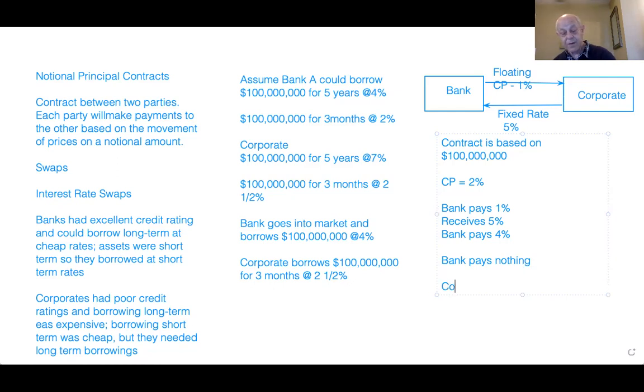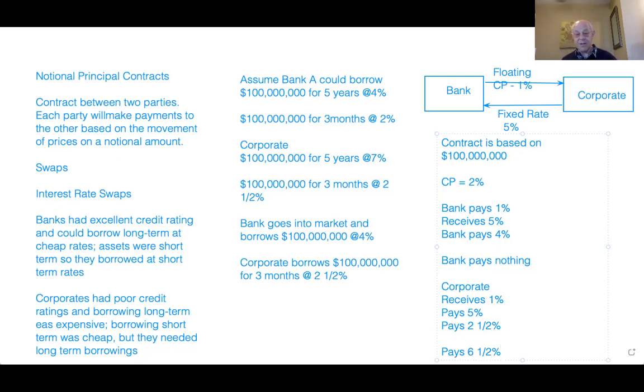Now we go to the corporate. The corporate receives 1%. It pays 5% and it pays 2.5%. So when everything is all said and done, the corporate pays 6.5%.